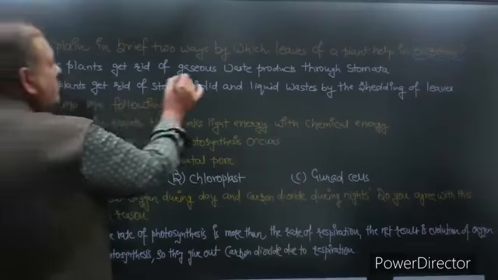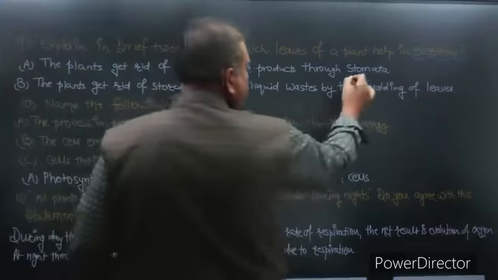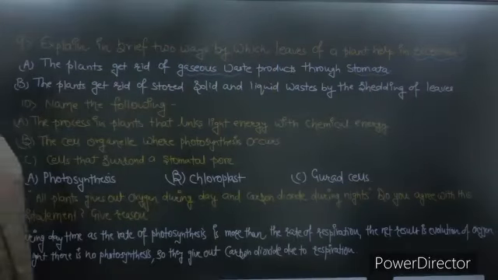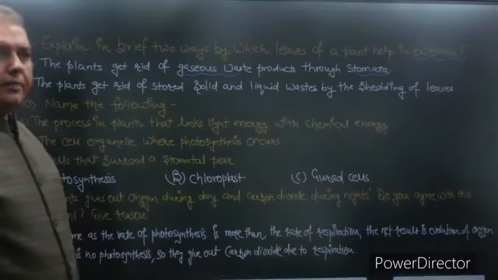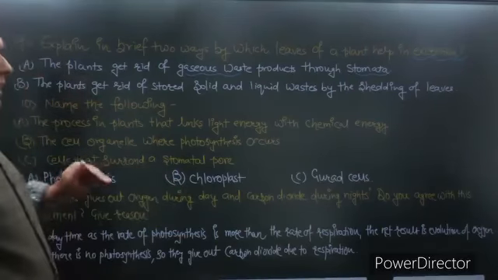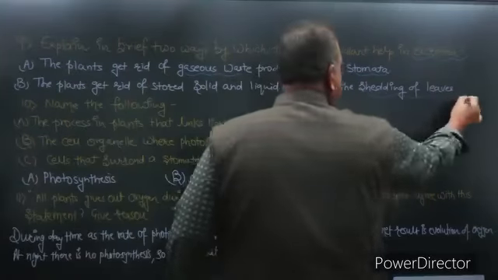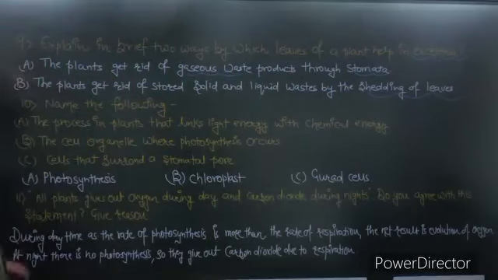So we need to mention that they used to get rid of gaseous waste through stomata, and apart from it, various solid or liquid waste products used to get deposited inside the leaves, and later on there is shedding of leaves. So these are the 2 ways by which leaves help in the process of excretion.